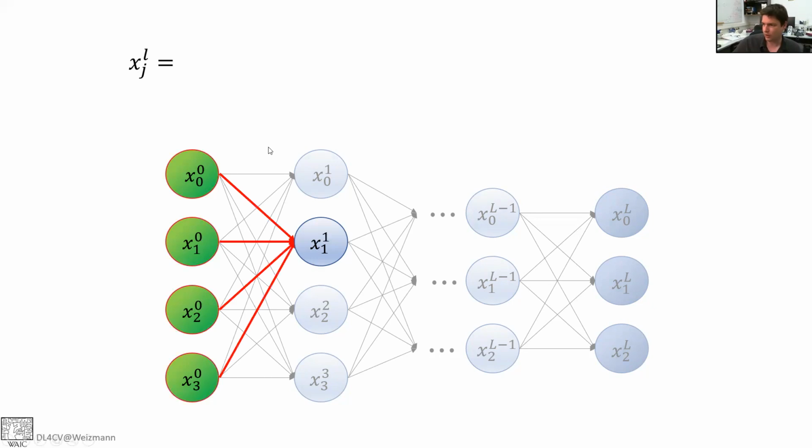So it's going to be a function of all the neurons in the layer one layer back. And the way we're going to first define it is this summation over the multiplication of all the weights with all the matching neurons.